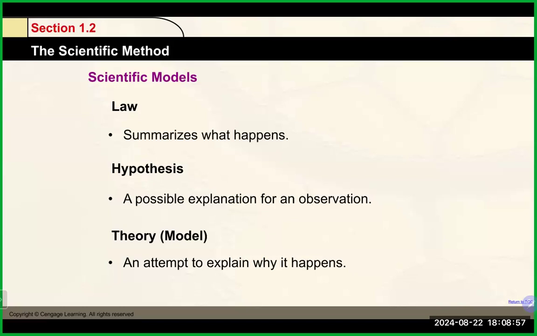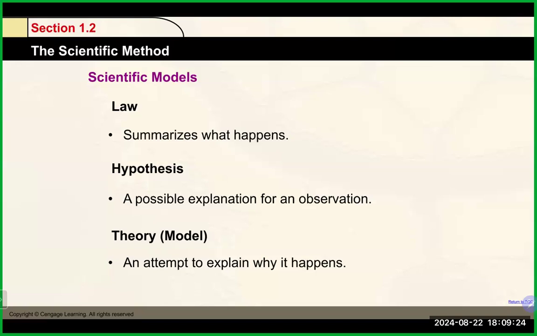The idea with a theory is it's not really locked into cement. It can be found through further experimentation that maybe parts of your theory are not so great anymore, or maybe parts of your theory are good but other parts are bad, or maybe the whole thing is pretty bad along the way. So, for example, Dalton's atomic theory.